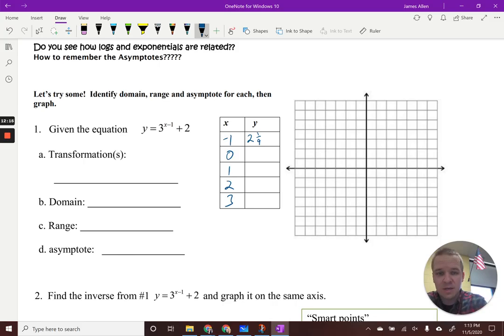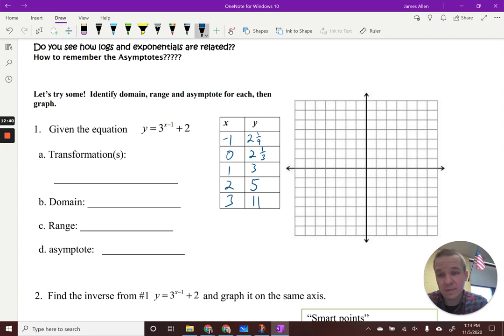So that'd be 1/3, so I'd have 2 1/3. And then if I plug in 1, I'll have 3 to the 0, which is 1 plus 2 is 3. And then 2 would be 3 to the 1st, which is 3 plus 2 is 5. And then I'll have 3 to the 2nd with this one, which would be 9 plus 2 is 11.